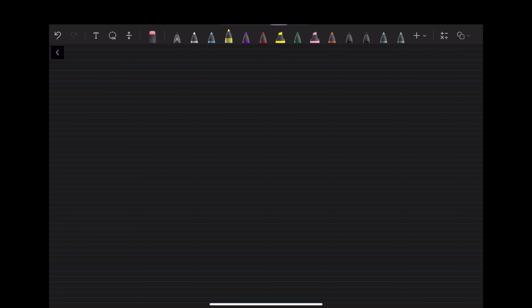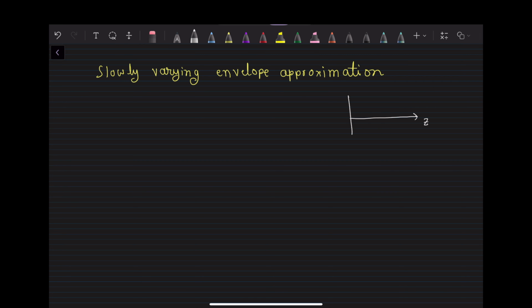So let me write it down. So what does it mean? So we had seen this very rough sketch. Here we have this carrier wave that's oscillating very fast. Then we have this envelope function.